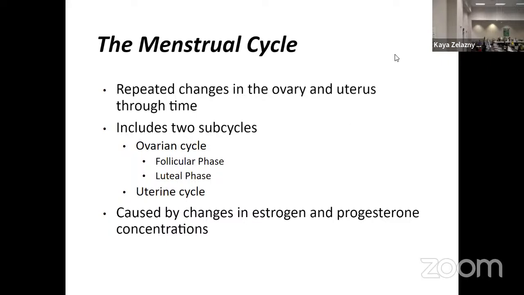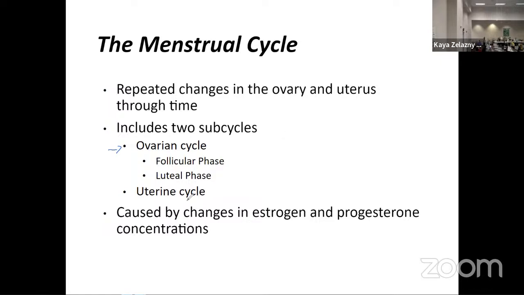reproductive system. So what I do want us to introduce today briefly is the ovarian cycle. We're first going to start by thinking about what's happening in the ovaries, which we're going to be able to break down into two phases, a follicular phase and the luteal phase.